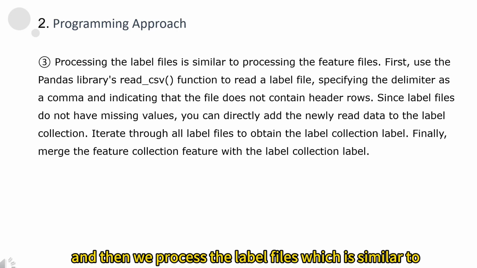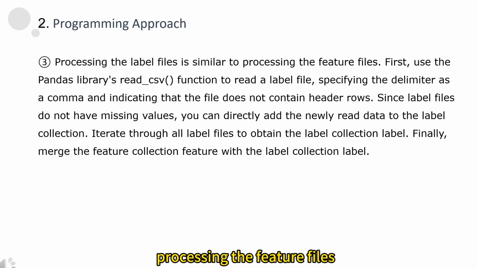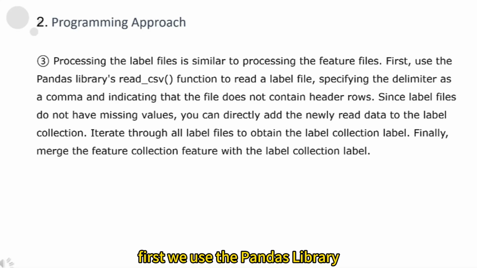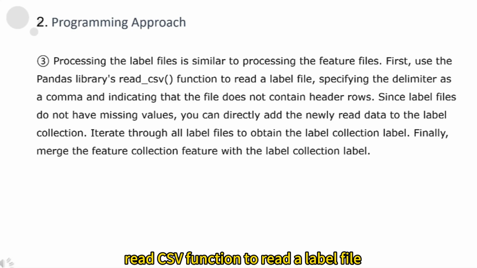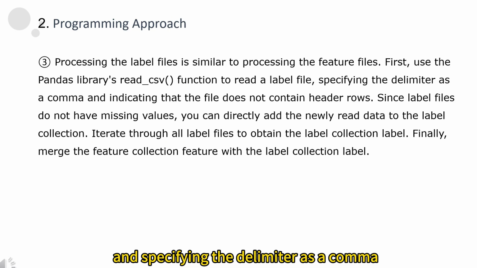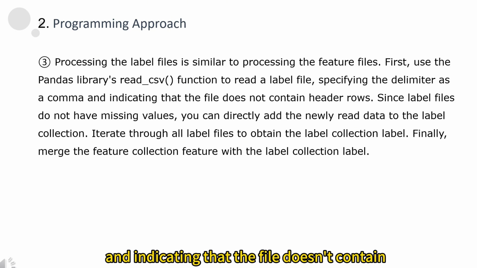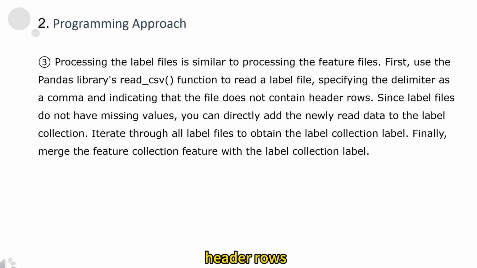And then we process the label files, which is similar to processing the feature files. First, we use the pandas library read_csv function to read a label file, specifying the delimiter as a comma and indicating that the file doesn't contain header rows.